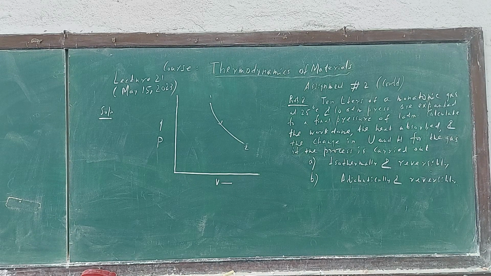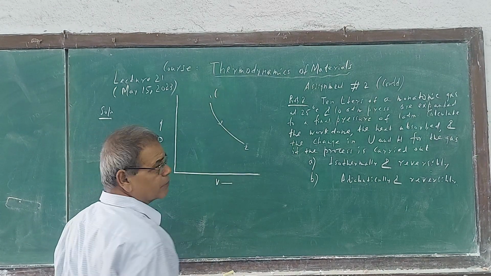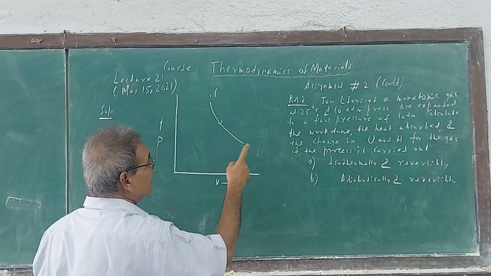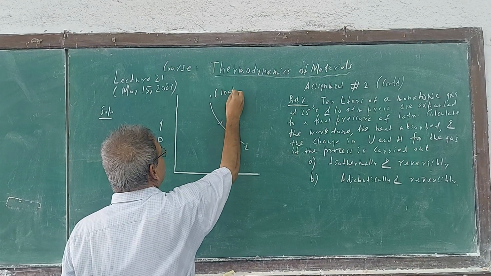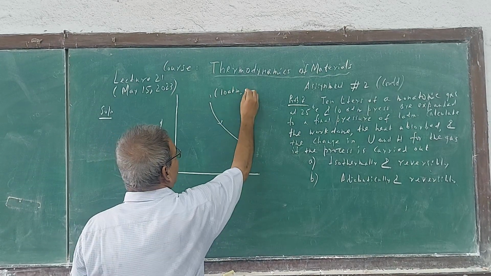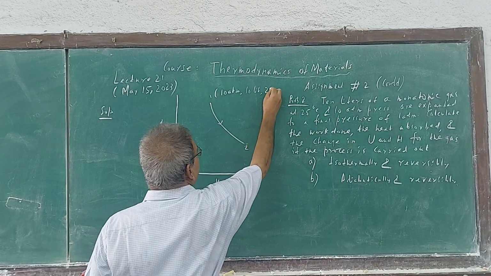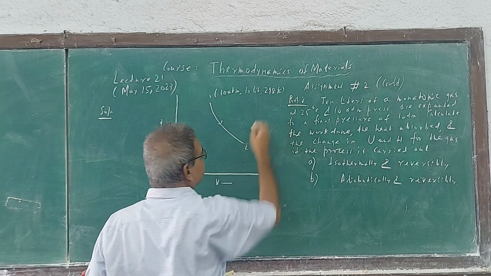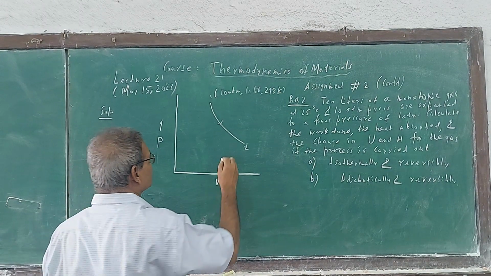So this is the isothermal path. What is the status of state 1? 10 liters, pressure is 10 atmosphere. If you go this way, volume is 10 liters and temperature is 298 Kelvin, 25 degree centigrade. State 1. This has been isothermal.